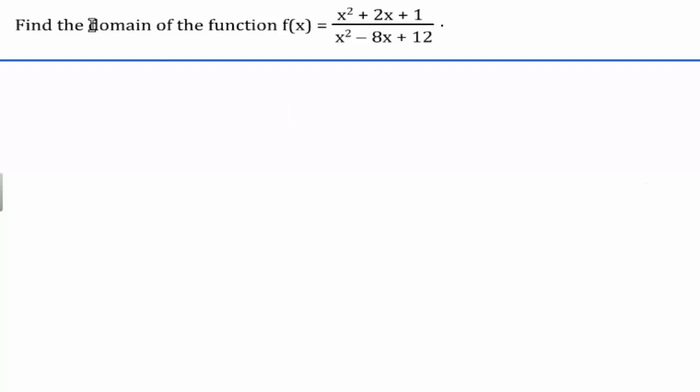In this question, we need to find the domain of the given function f of x is equal to x squared plus 2x plus 1 by x squared minus 8x plus 12. Let's begin the solution of this question.